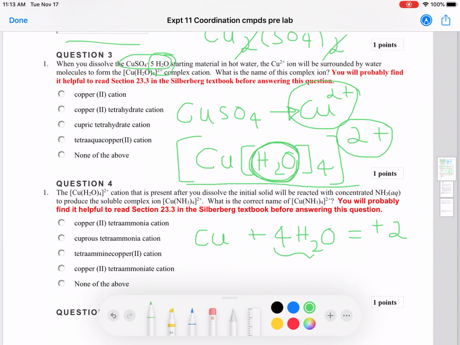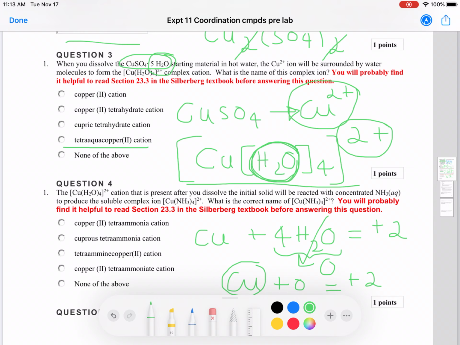Since water is neutral, that's going to be 0. So copper charge plus 0 equals plus 2, which gives you that the charge of the copper ion is plus 2. So you have to say tetra aqua copper 2 cation. That is the name of that.